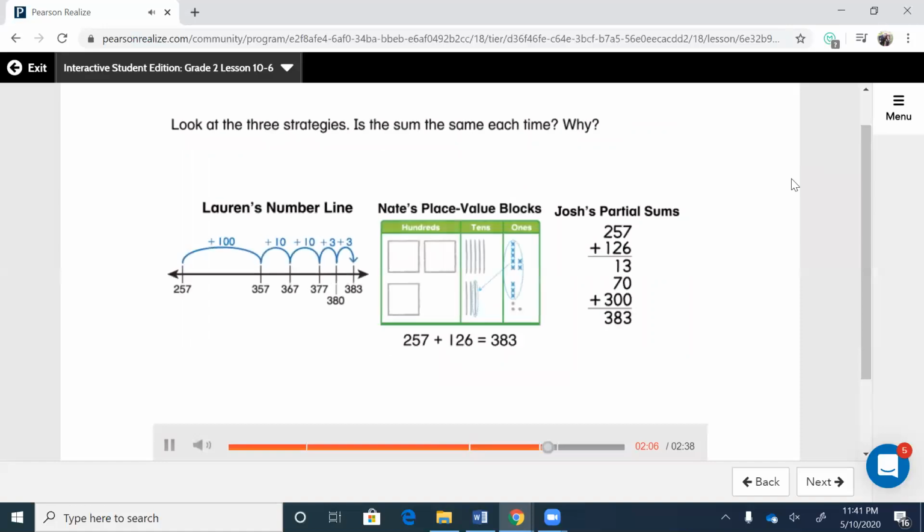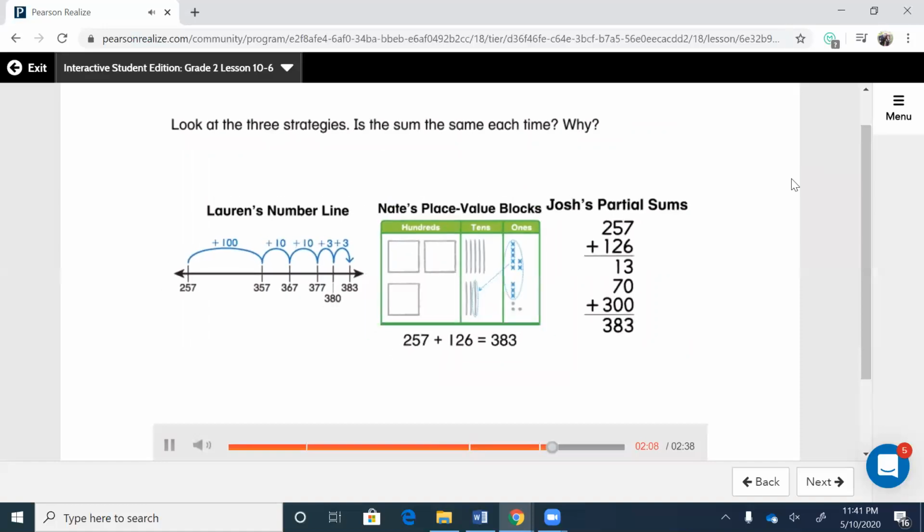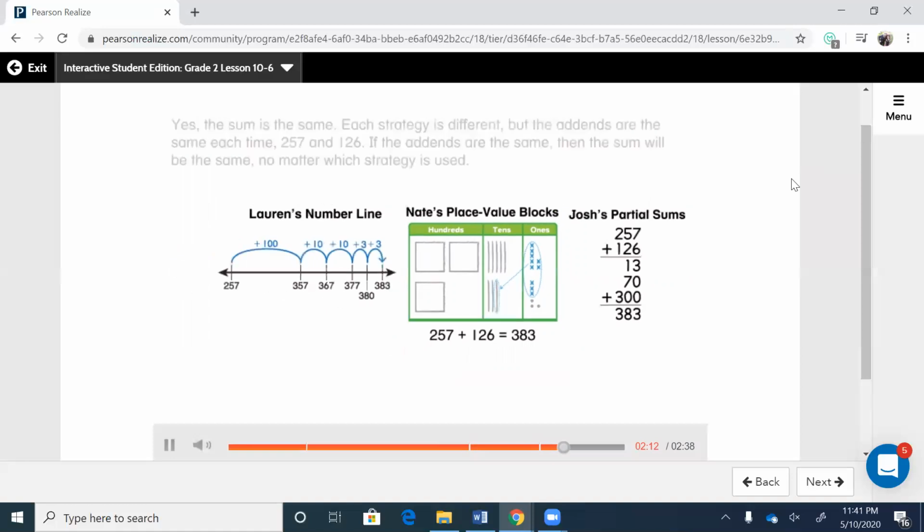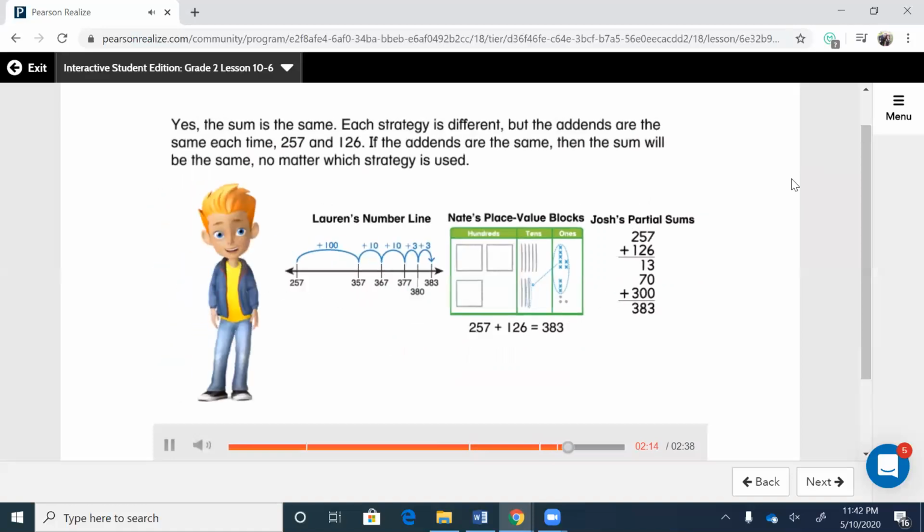Look at the 3 strategies. Is the sum the same each time? Why? Yes, the sum is the same.